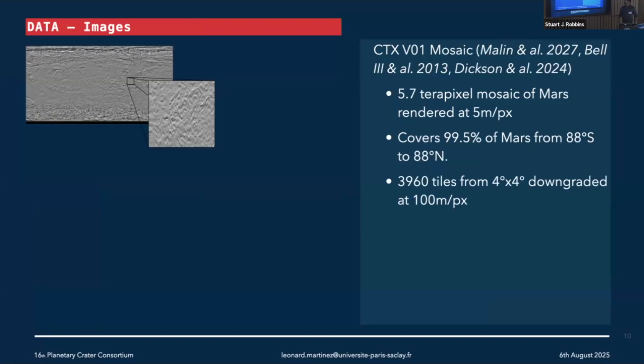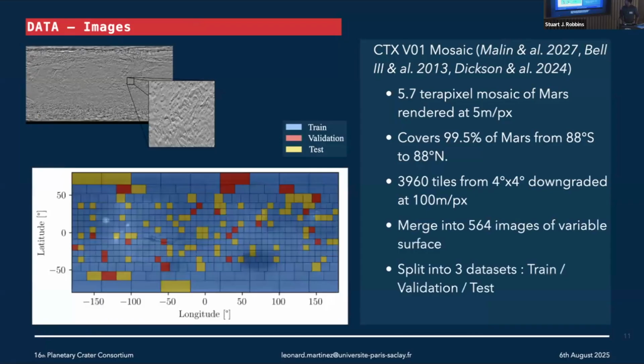So in order to not be polluted by very small craters in the images, we downgraded the resolution to 100 meters per pixel. And then we merged the tiles, because of course you can't download the whole 5 terabyte database in one hour. So we merged the tiles in a very specific pattern.